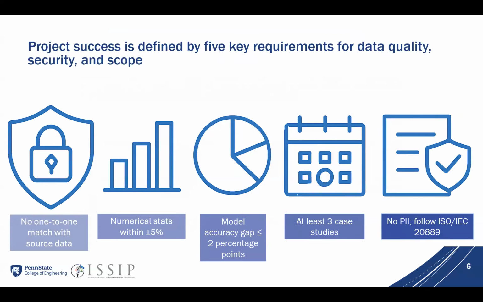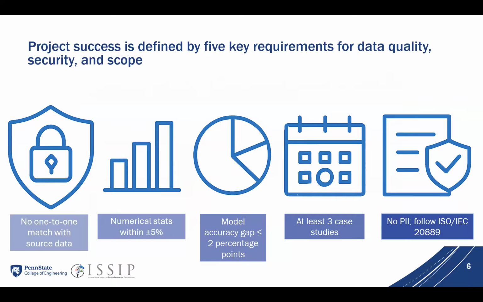This slide summarizes the five key requirements that define success for our project in terms of data quality, security, and scope. First, on the privacy side, our synthetic data can never reproduce a one-to-one match with any records in the source dataset, and we remove all PII in line with ISO 2889-2018.